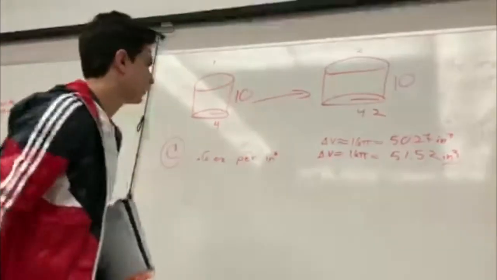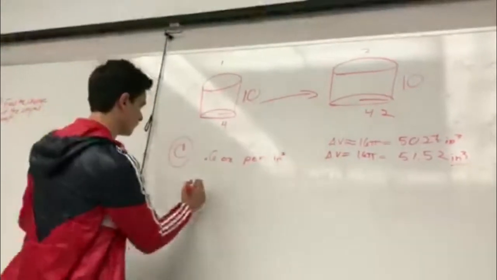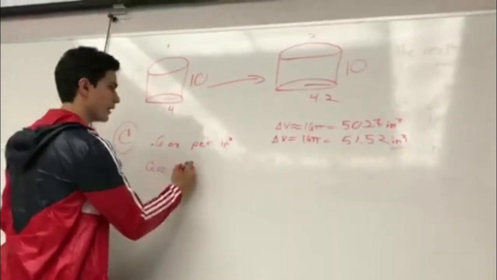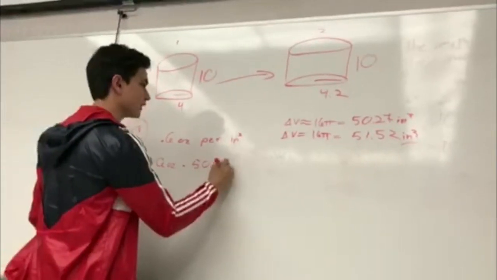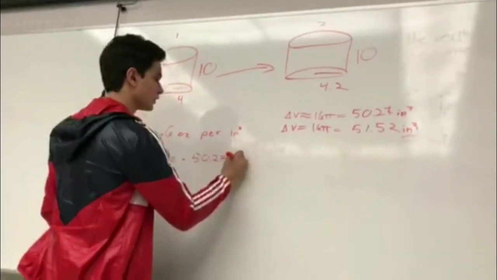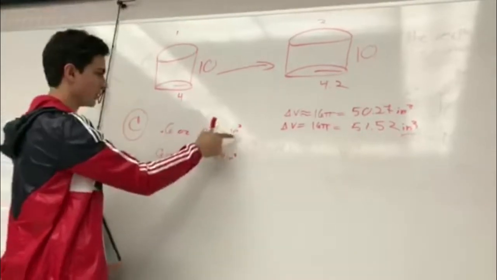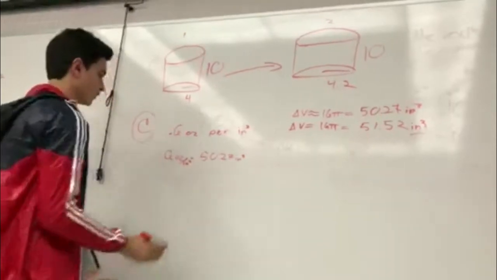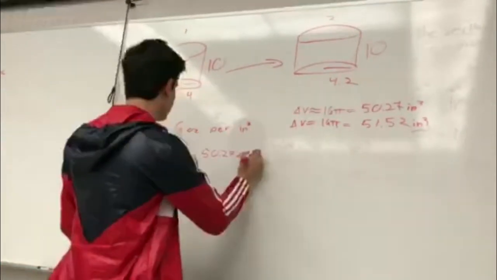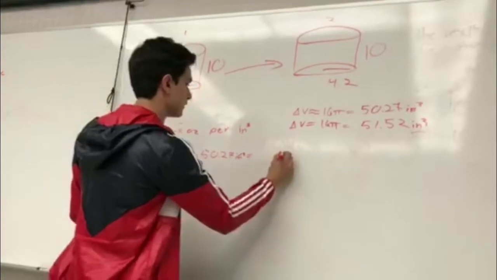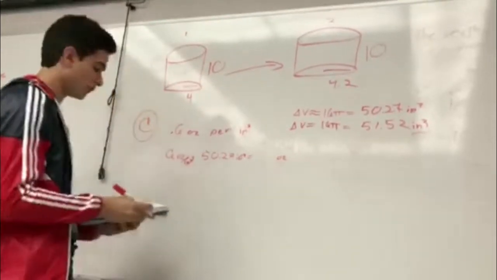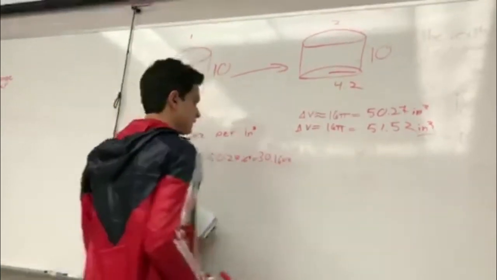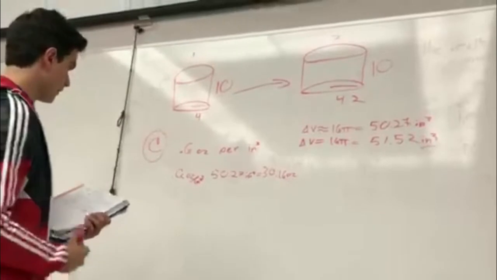And so from there, we just have to find each value, which will be 0.6 ounces per inches cubed multiplied by 50.27 inches cubed. Now, since we're talking about per inches cubed, these are going to cancel out. So we're going to be left with ounces, and just plug that into your calculator, and you should get about 30.2, rounded to the nearest tenth.